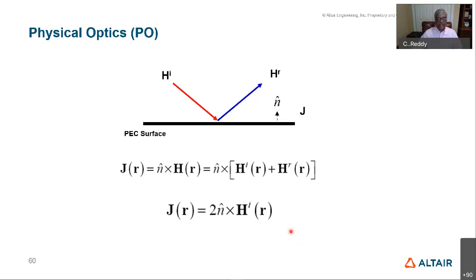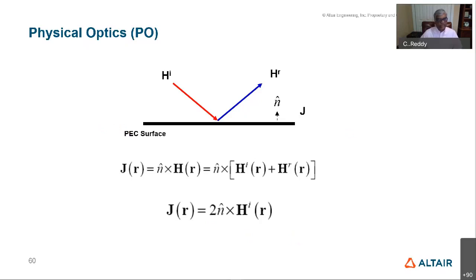So this is what we have to keep in mind when you apply physical optics. You're applying an exact solution of infinite ground to a finite structure. So if it is giving good answers, that's always good.